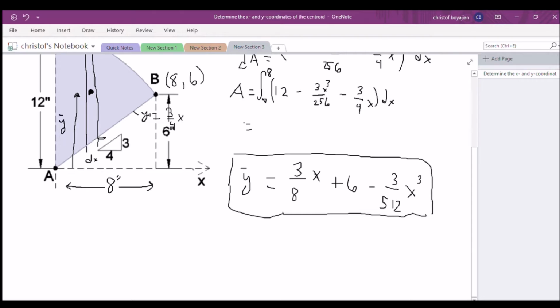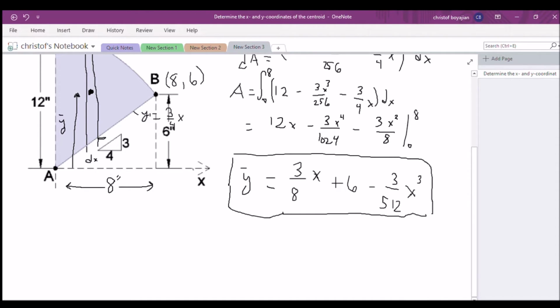The integral of dA is going to be, I can write this step, 12x minus 3 over 1024 x to the 4th minus 3/8 x squared. All right, and this is evaluated from 0 to 8.